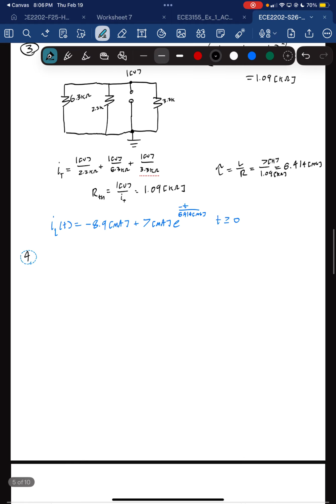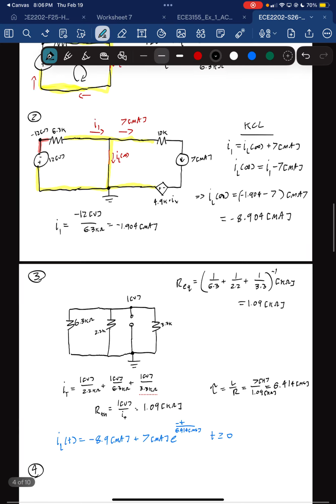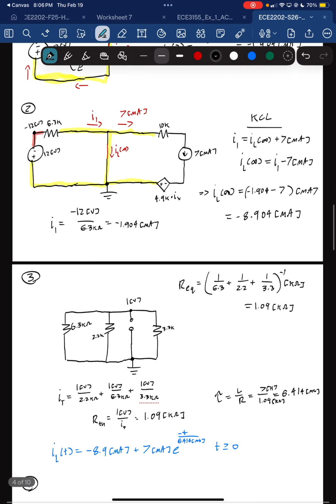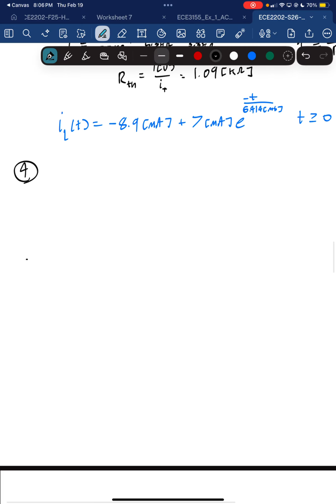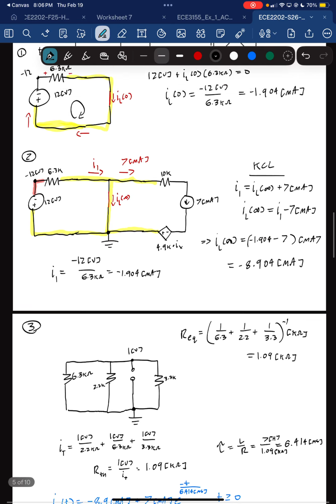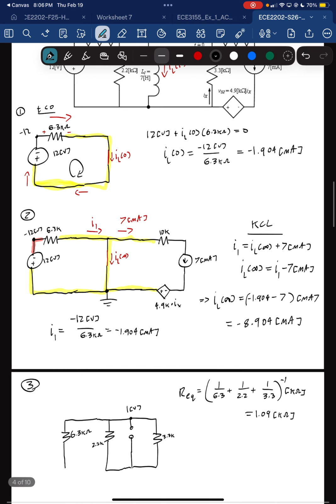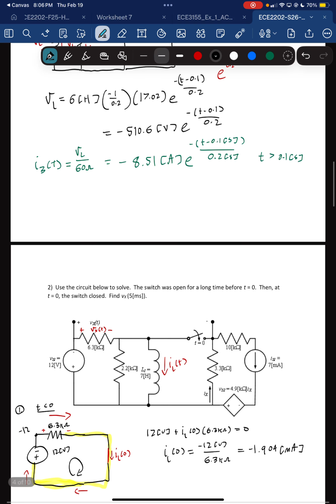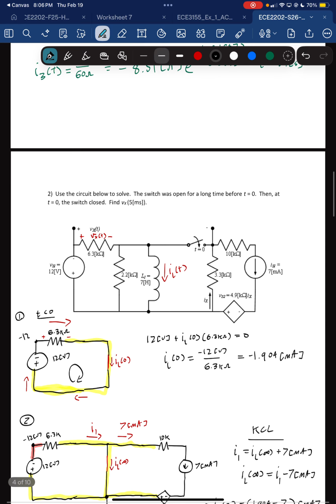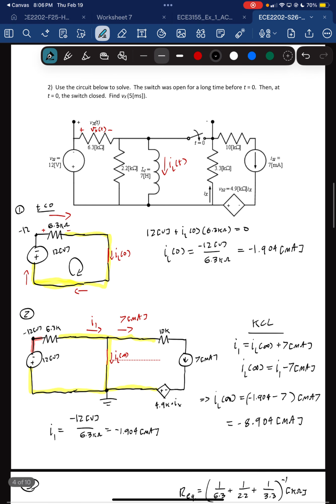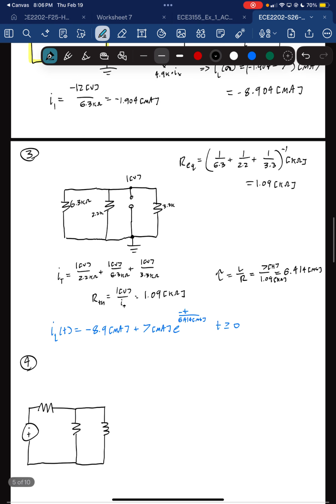So we are going to redraw the circuit for one last time. We're going to redraw it for after the switch flips because it's asking for Vx at 5 milliseconds, which is after 0.